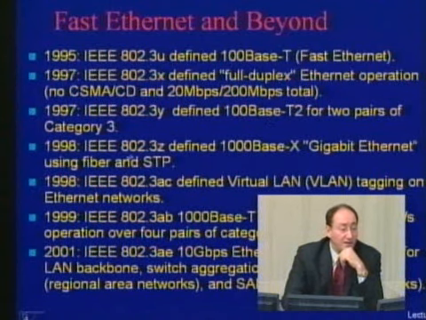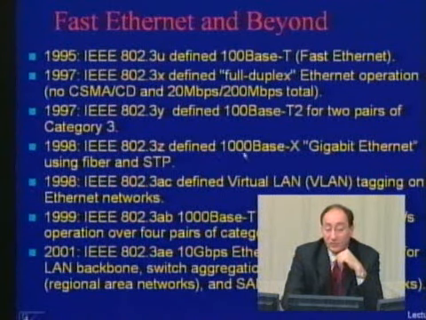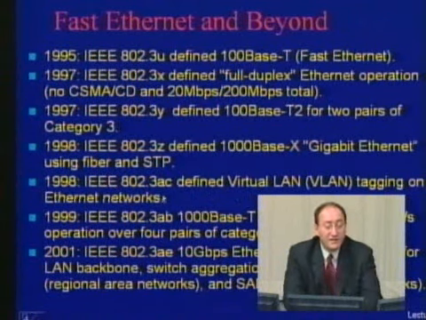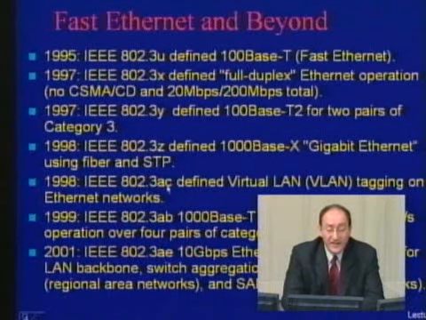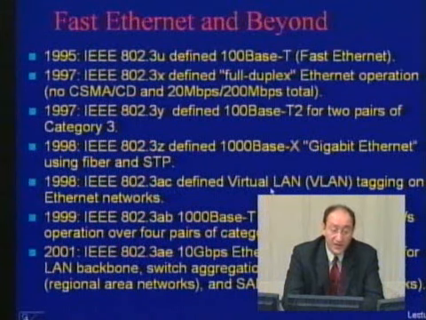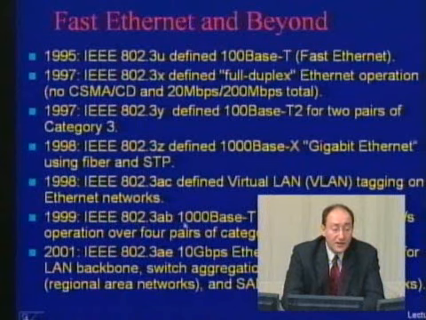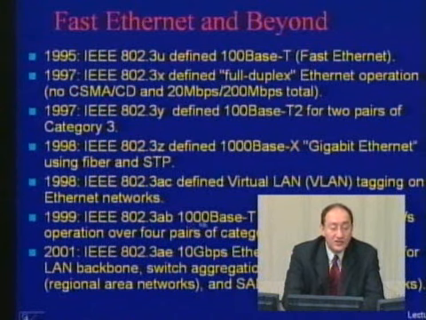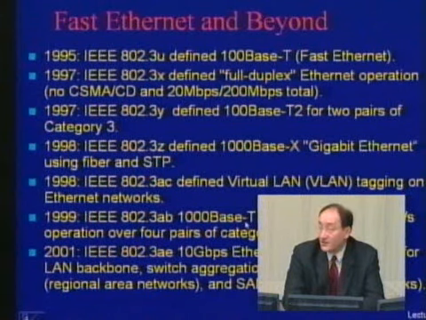Then in '98, they went to gigabit Ethernet. Another thing that happened was 802.3ac, which went for VLAN, virtual LAN. We will also discuss that in this lecture. Then they went to 1000BASE-X, originally over fiber and shielded twisted pair. 1000BASE-T works also on other media, like unshielded twisted pair.